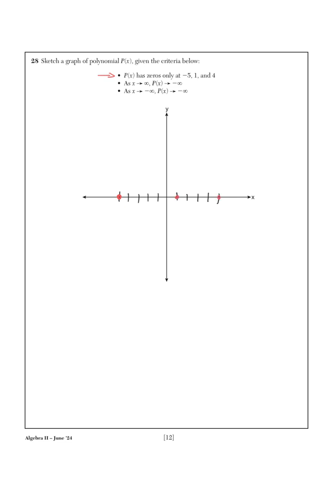and second bullet point, as x goes to infinity, meaning the right side of the graph goes down. And then the third bullet point is the left side of the graph also goes down.